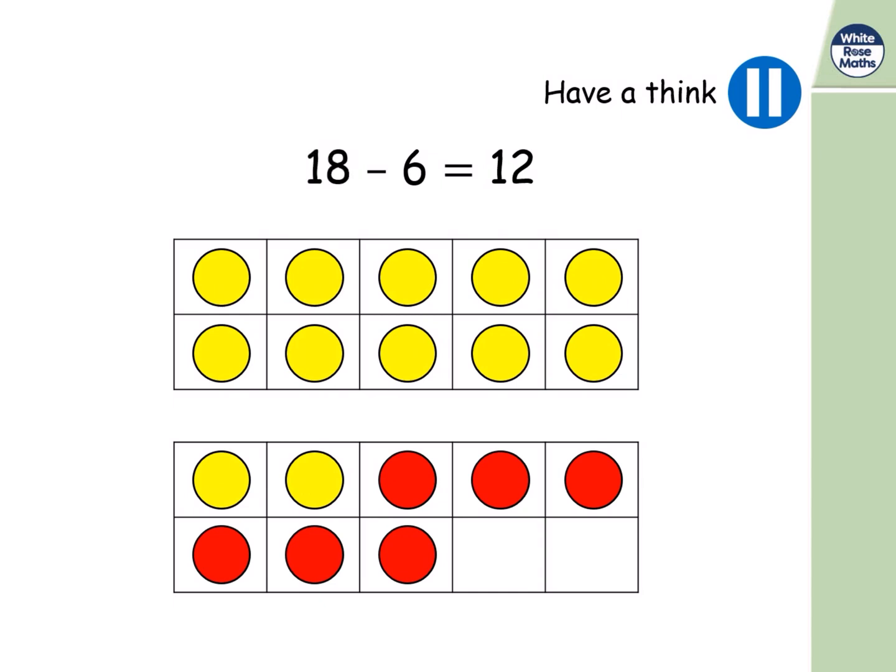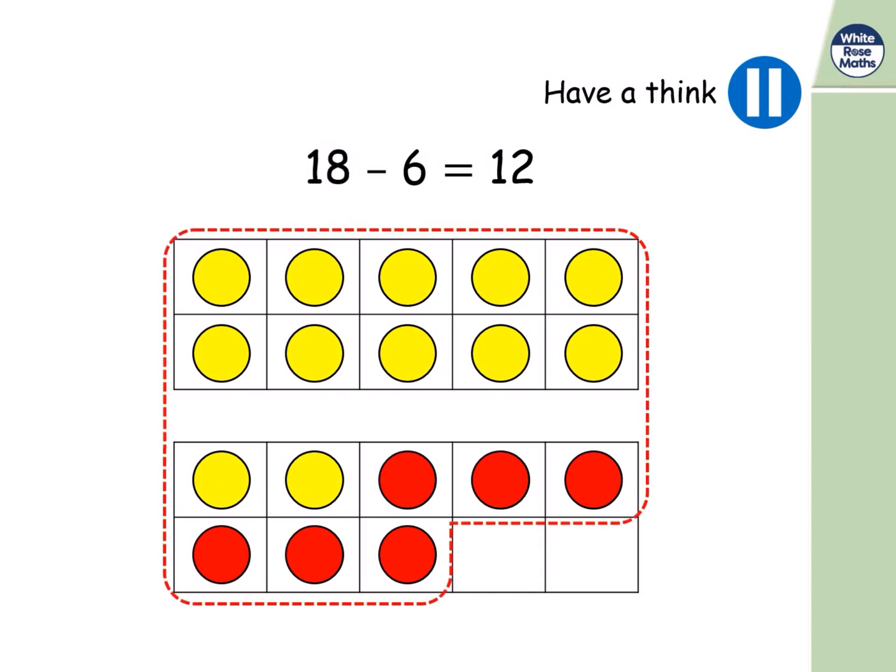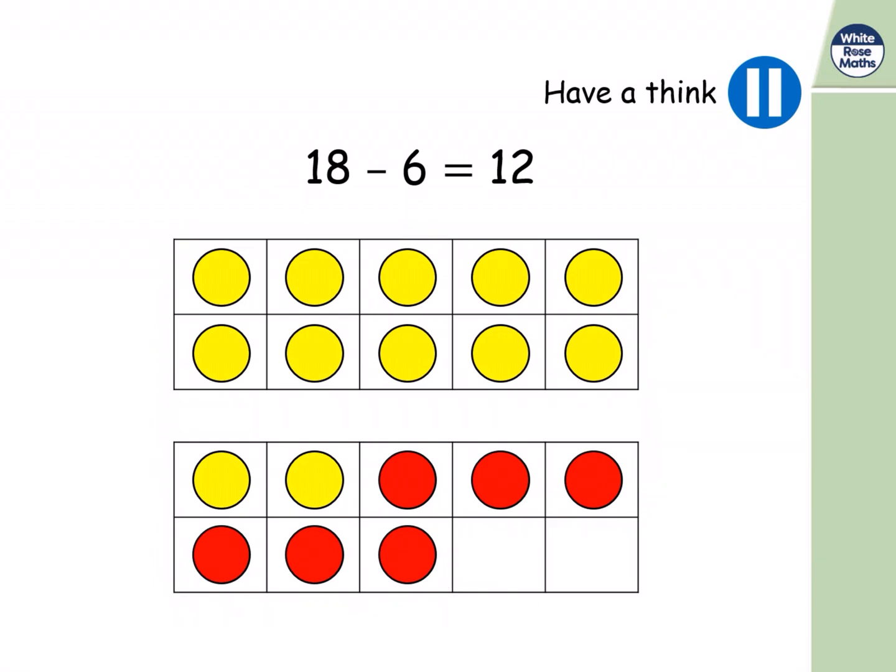That's right. 18 is our whole, and that's all of the counters. We've not got rid of any. We've got 18 from the start to the finish. The 6 is just one of those parts. They're red, aren't they? We've turned them to be red.